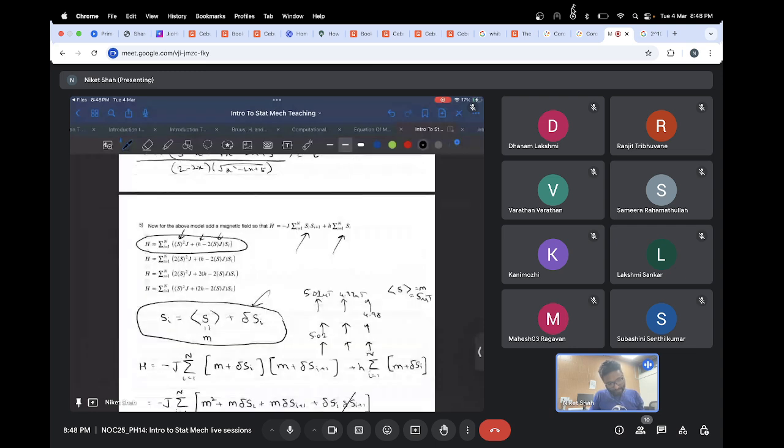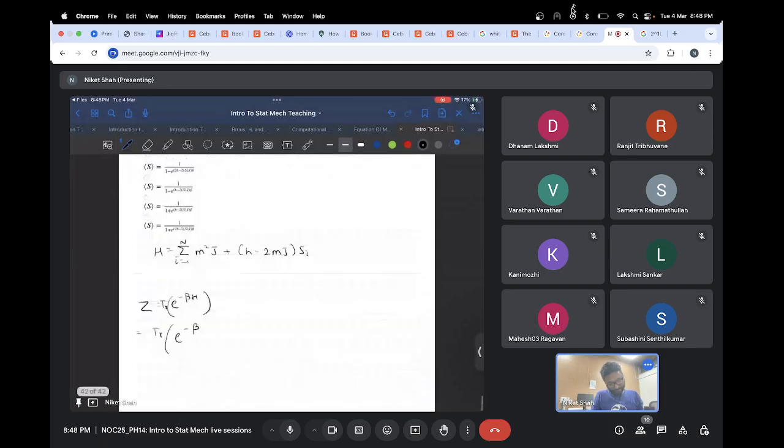This is my entire Hamiltonian. Okay, so Z is equal to trace of e raised to power minus beta h, trace of e raised to power minus beta M square J into e raised to power.